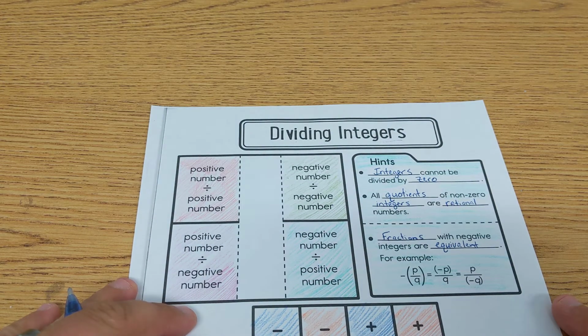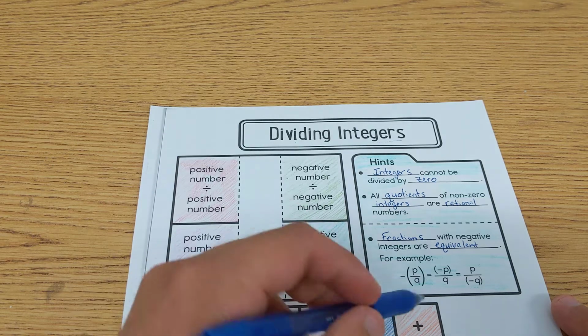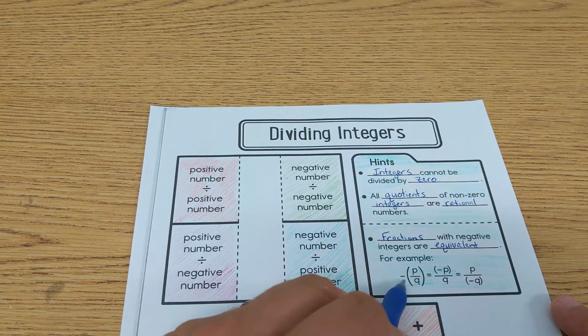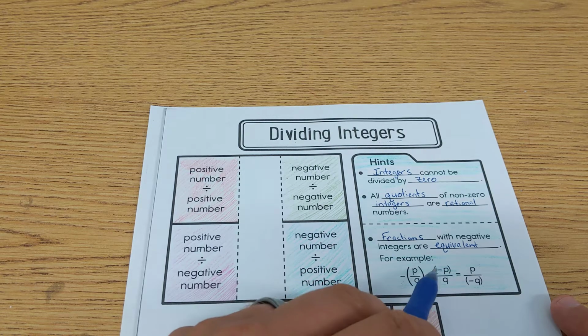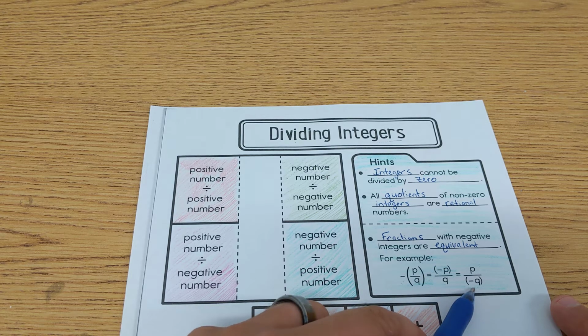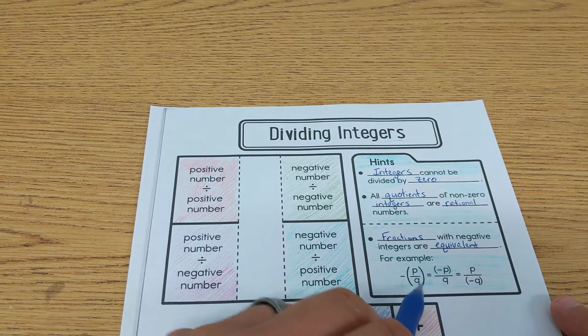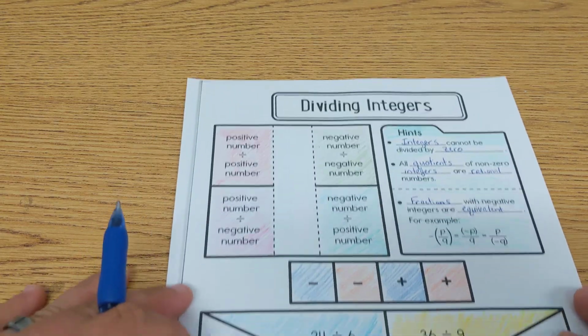Basically what that says is if I have it written like P over Q, negative P over Q, my P could be negative or my Q could be negative. It's all the same.